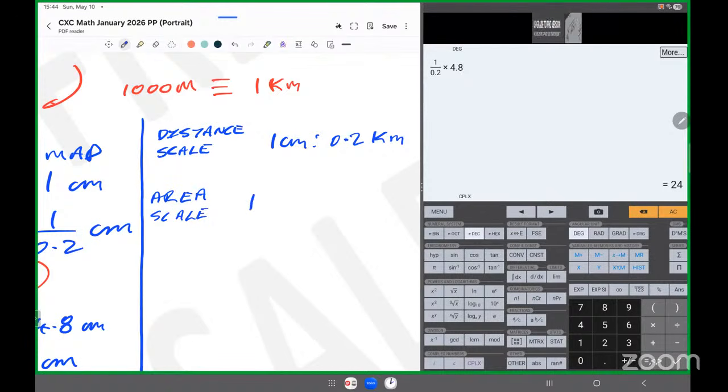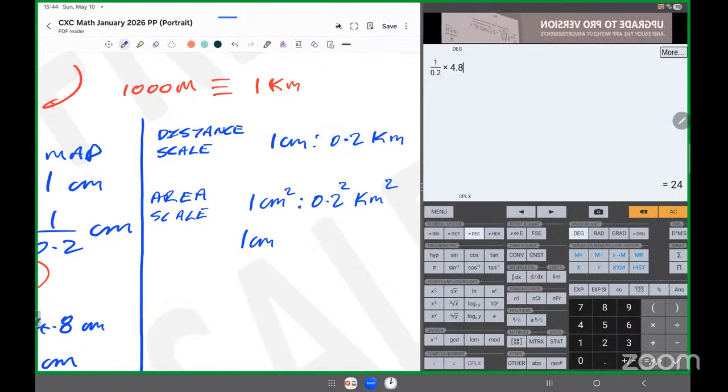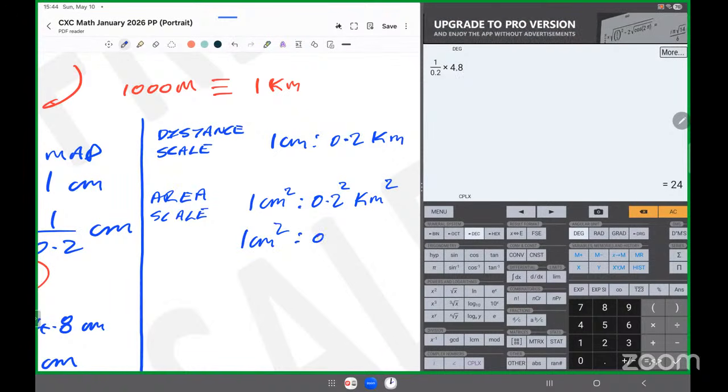It becomes 1 centimeter squared, because if you square that 1, it stays 1, and when you square the centimeter, it becomes centimeters squared. Then we square the 0.2 there, so it becomes 0.2 squared kilometers squared. Now 0.2 squared is actually 0.04. So it means that 1 centimeter squared on the map is 0.04 kilometers squared on the land.